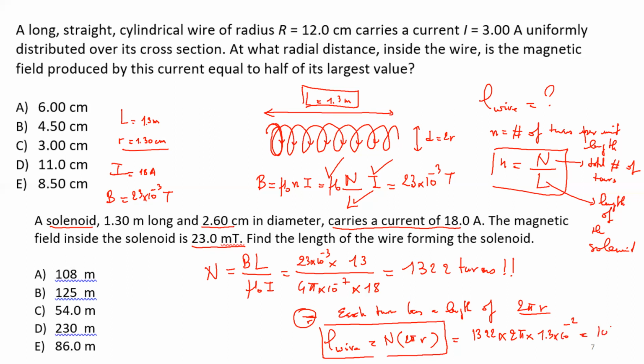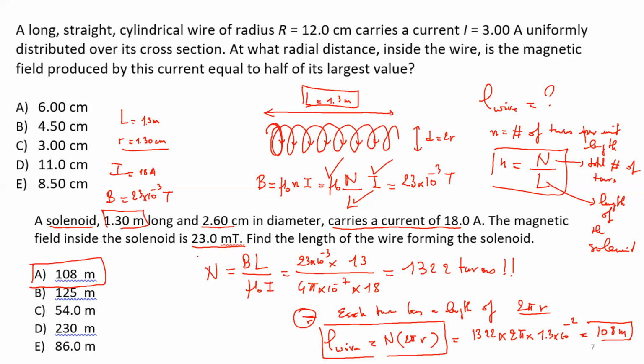And this gives you 108 meters. So the total length of the wire forming the solenoid is 108 meters, and we just wrap it around a solenoid, a cylinder which has a length of 1.3 meters.